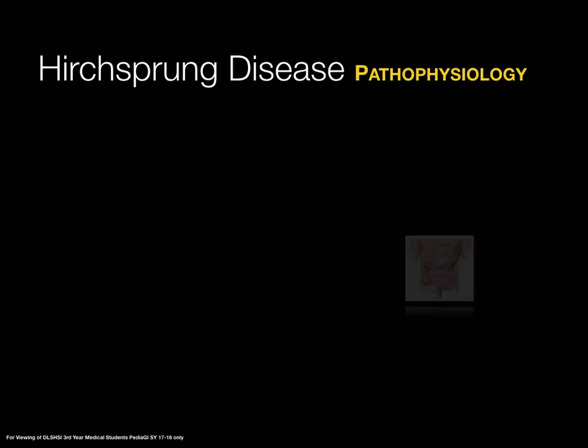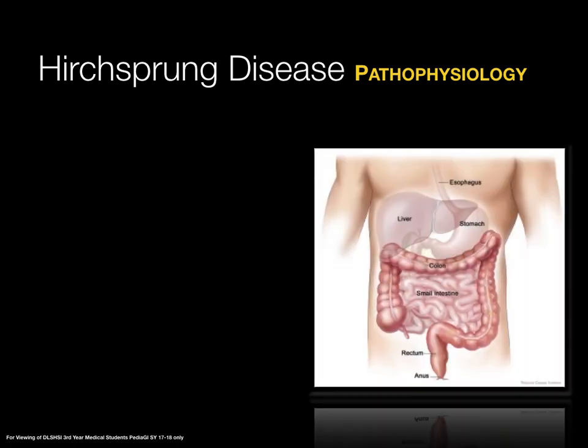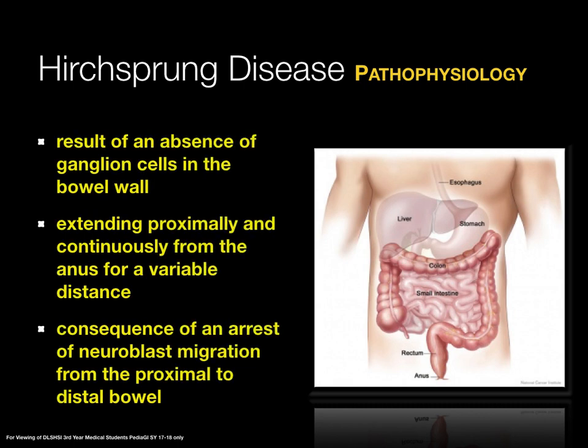Hirschsprung disease is a result of an absence of ganglion cells in the bowel wall, extending proximally and continuously from the anus for a variable distance. It is a consequence of an arrest of neuroblast migration from the proximal to the distal bowel.